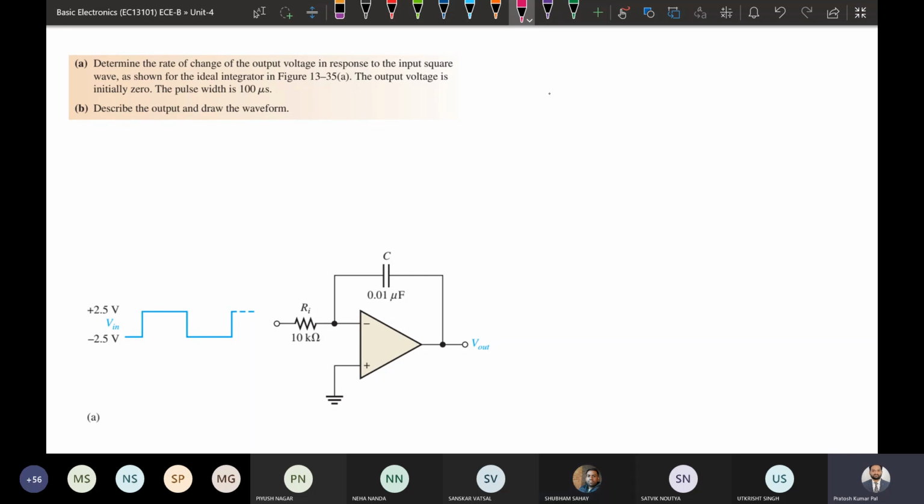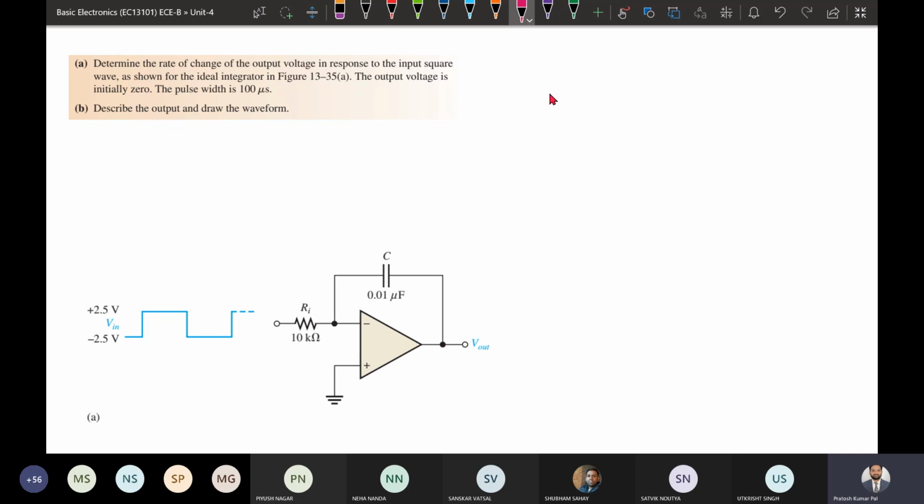Okay, thank you. So here, first of all, by seeing the connection of resistance and capacitance, we can differentiate whether it is an integrator or differentiator circuit. As we have the capacitor connected to the output, that means we are taking the output across the capacitor. It is an integrator circuit.